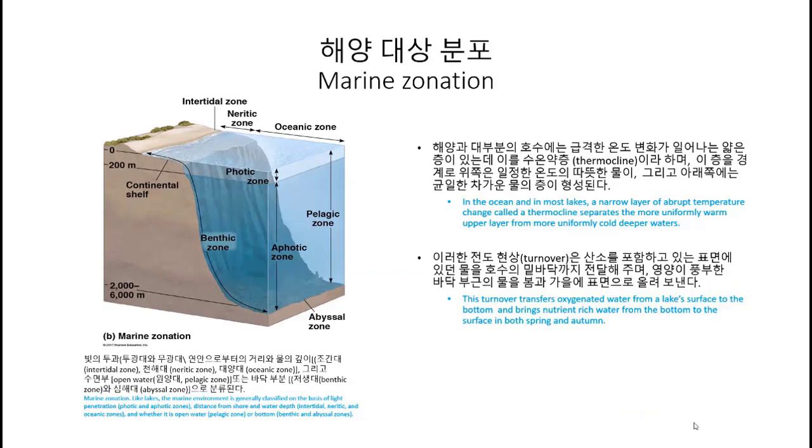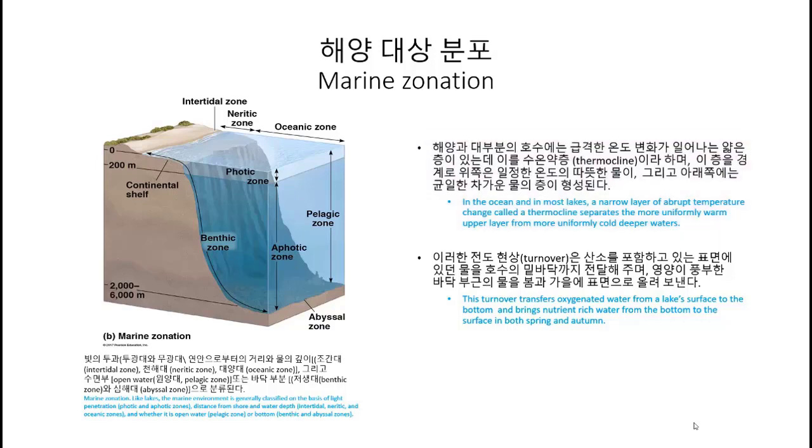Marine zonation. Like lakes, the marine environment is generally classified on the basis of light penetration, photic and aphotic zones, distance from shore and water depth, intertidal, neritic and oceanic zones, and whether the environment is open water, pelagic zone, or on the bottom, benthic and abyssal zones. In the ocean, and in most lakes, a narrow layer of abrupt temperature change called a thermocline separates a more uniformly warm upper layer from more uniformly cold deeper waters.